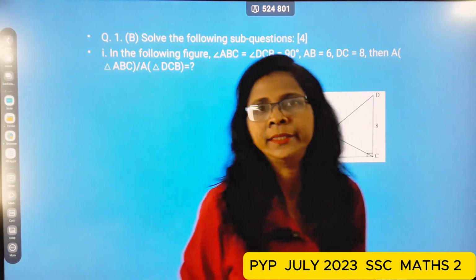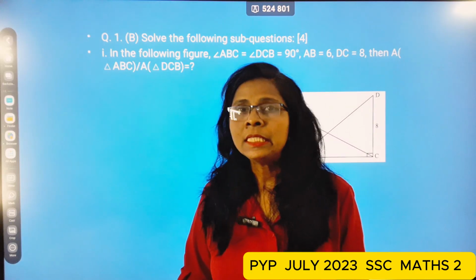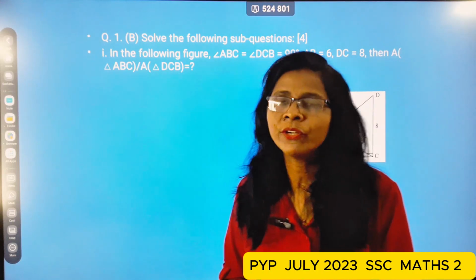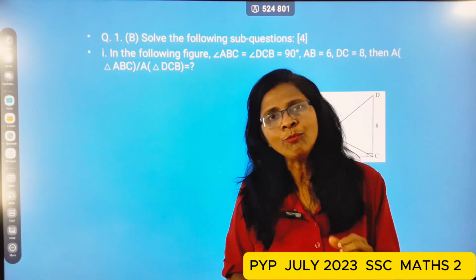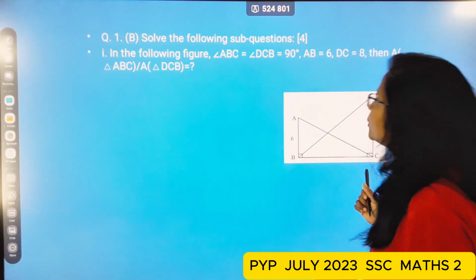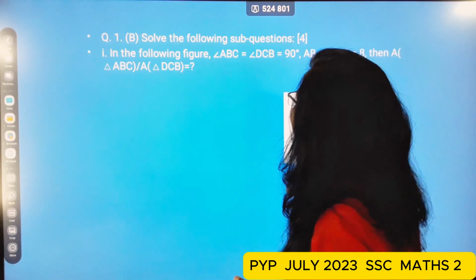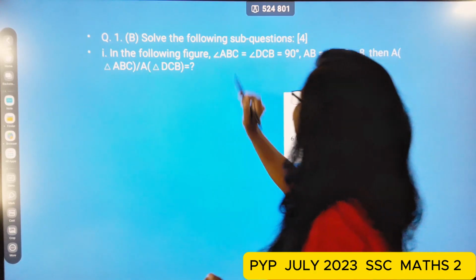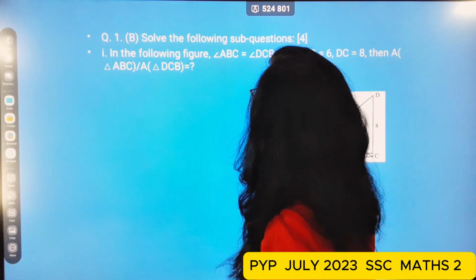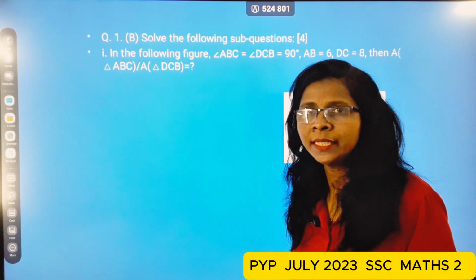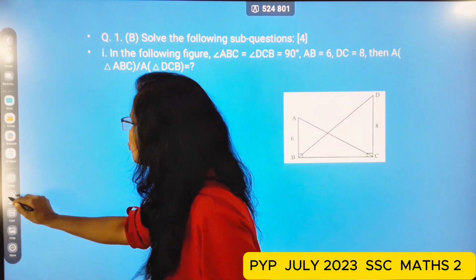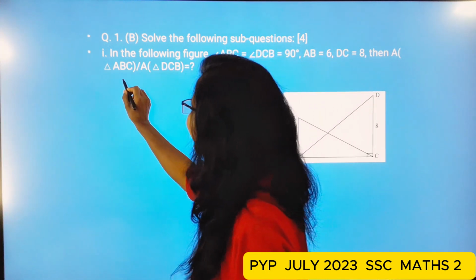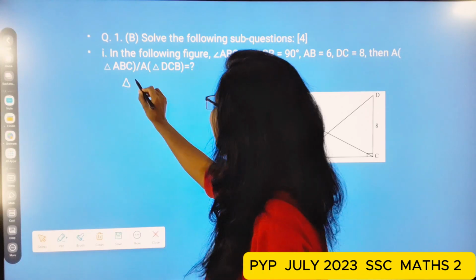This is a descriptive question, so you have to write each and every step, but it is for only 1 mark. In this figure angle ABC is equal to angle DCB is equal to 90 degree. That means it is the triangle ABC.